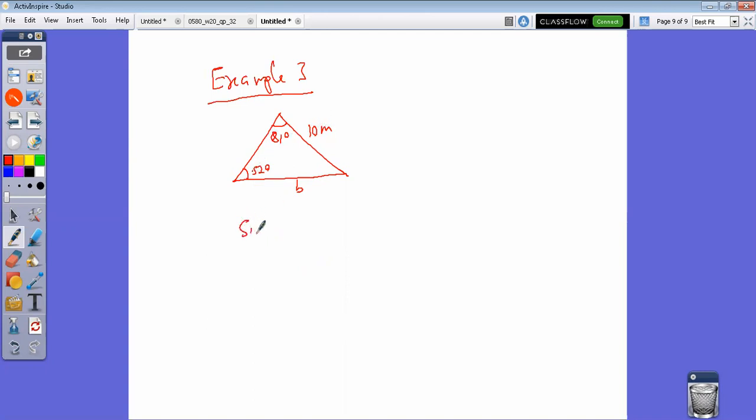So sine 52 divided by 10 is equal to this angle, sine 81, opposite B, like that. Then cross multiply, I get B sine 52 is equal to 10 sine 81.